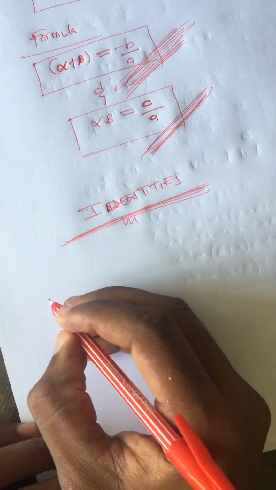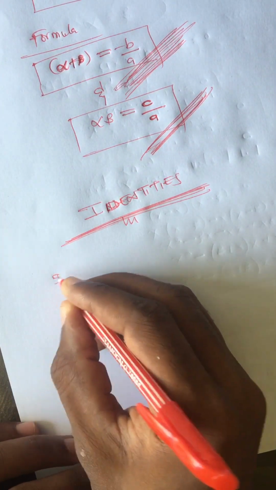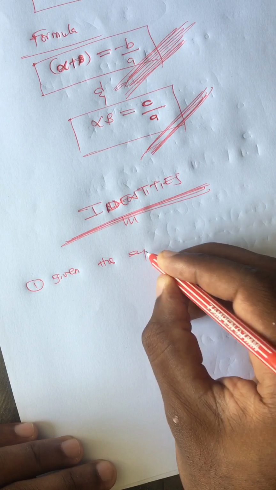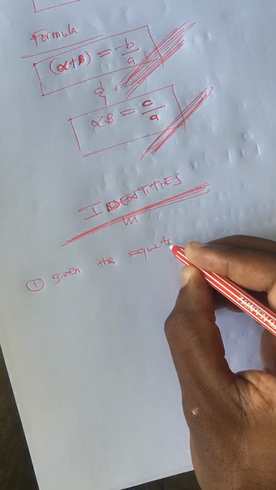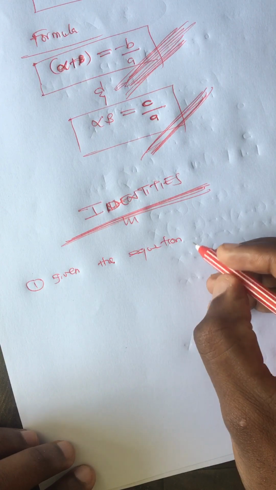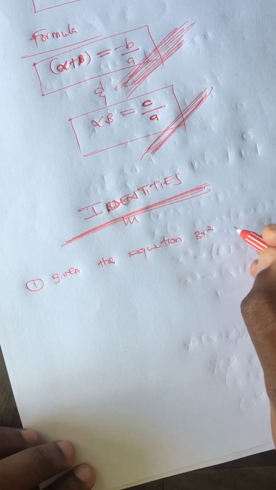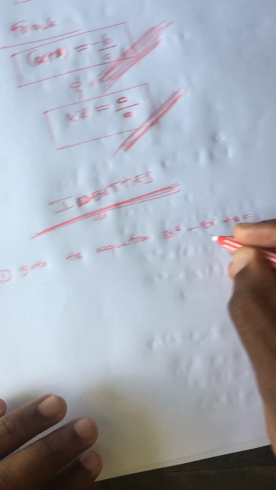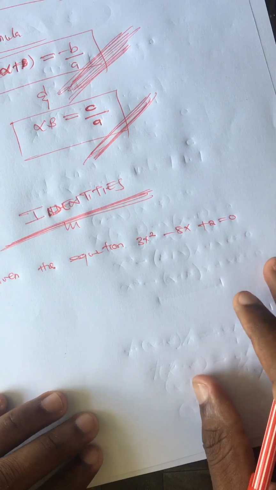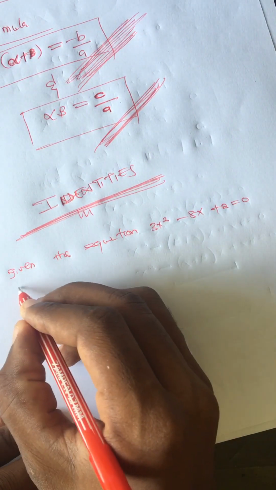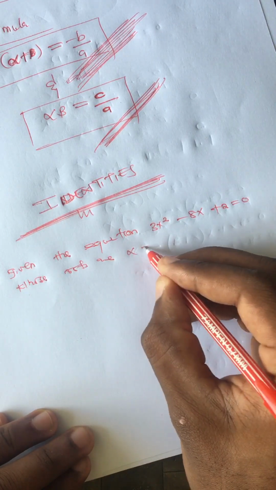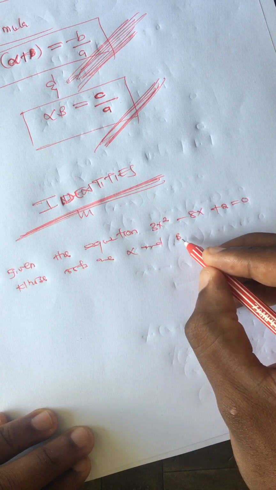Okay, so a question might come. They may give the equation, say given the equation 3x squared minus 8x plus 2 equals 0, whose roots are alpha and beta.